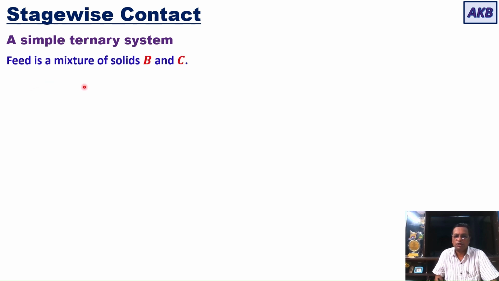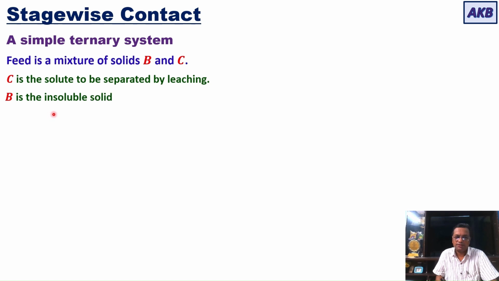To begin with, let us know something about stage-wise contact, and for that we will consider a simple ternary system. Feed is a mixture of solids B and C. C is the solute to be separated by leaching, whereas B is the insoluble solid and it is called the carrier solid.